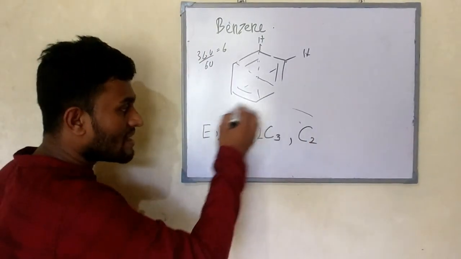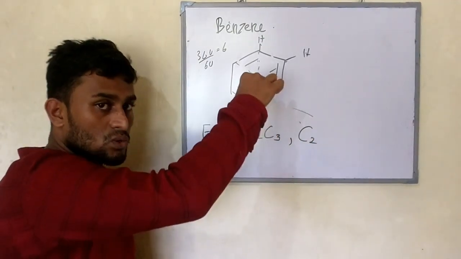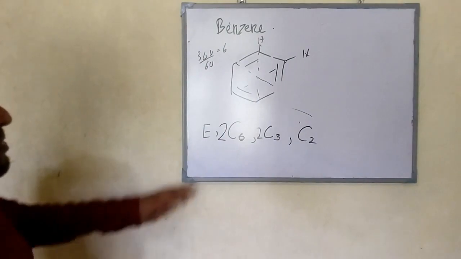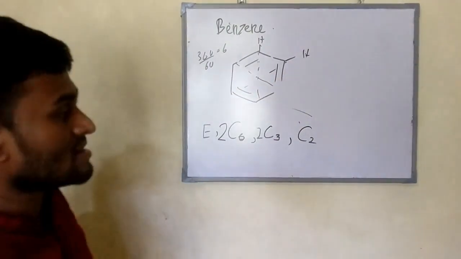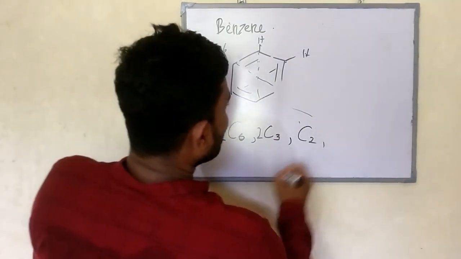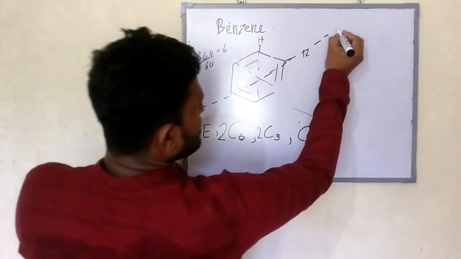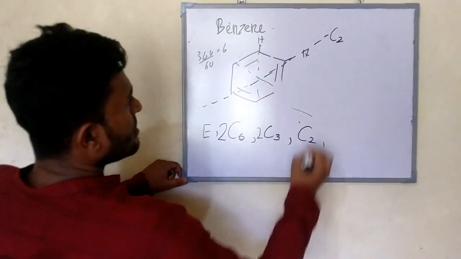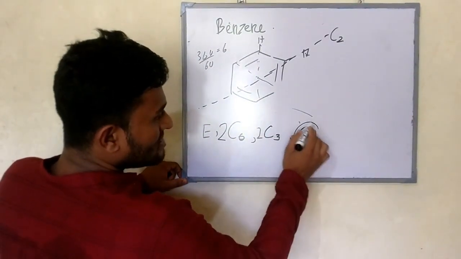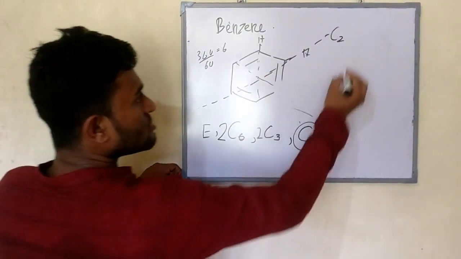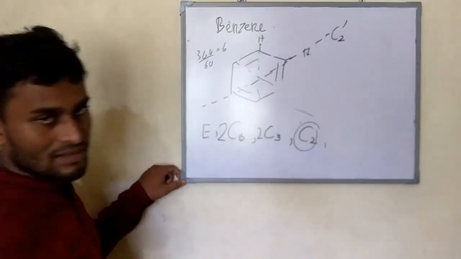So these are the axes going through the middle. Then you want to see through the axes what are the rotations. This is your one axis. This is C2. But here there is one C2 going through the middle, so this one will be C2 dash.